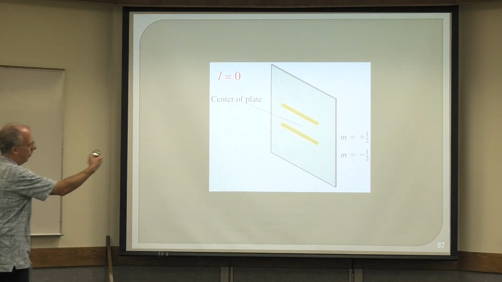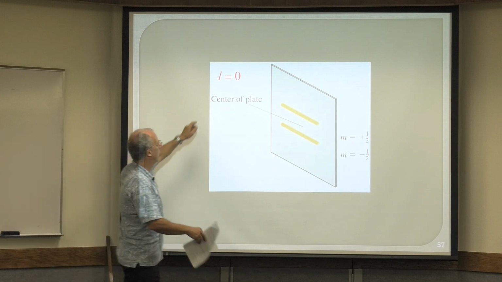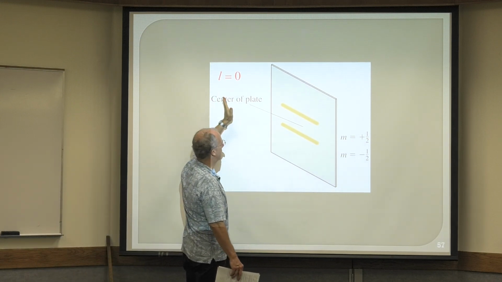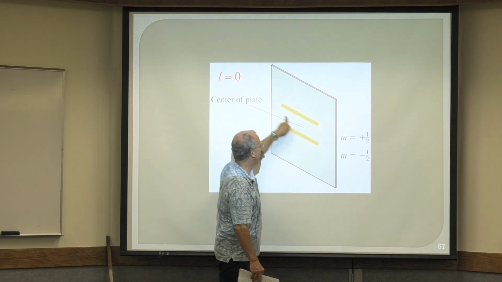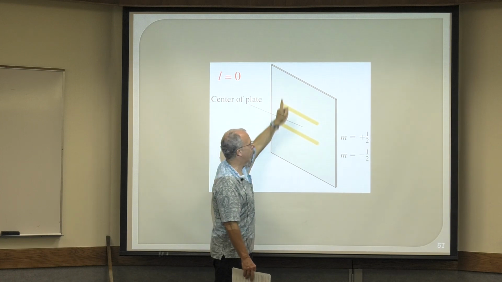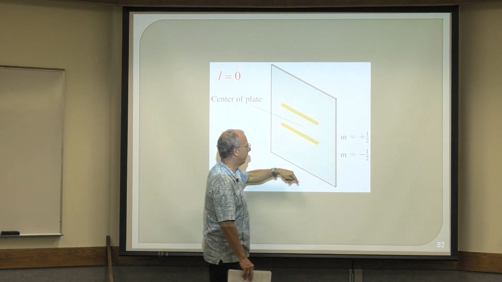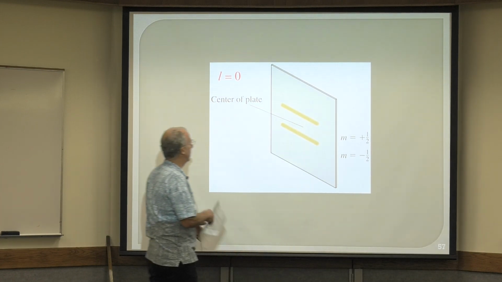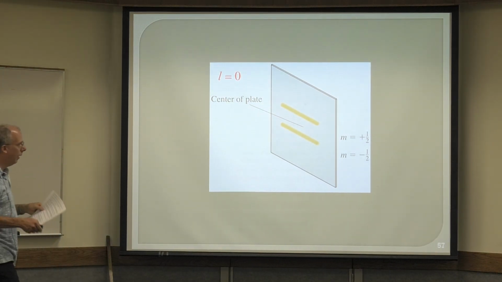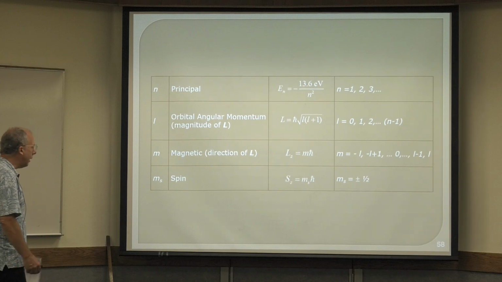Here is just another picture, okay? Before they discovered spin, they expected just one line in the middle, no force, but they actually saw a line above and a line below. And so, bingo, there has to be something. Spin, okay. So what does that mean?